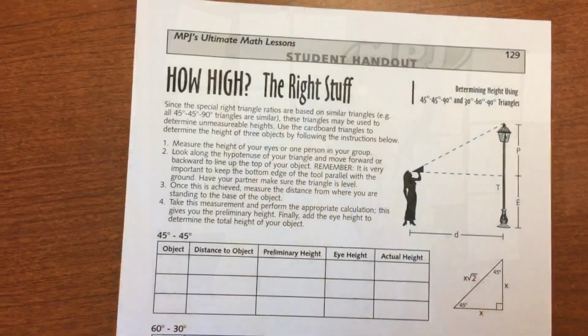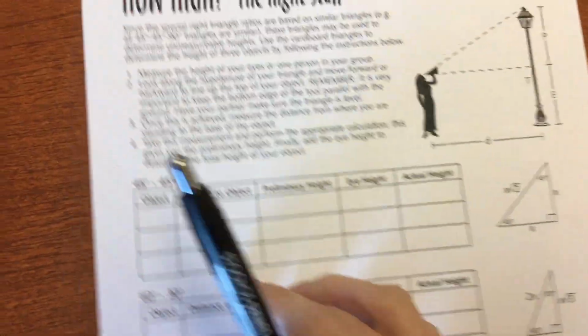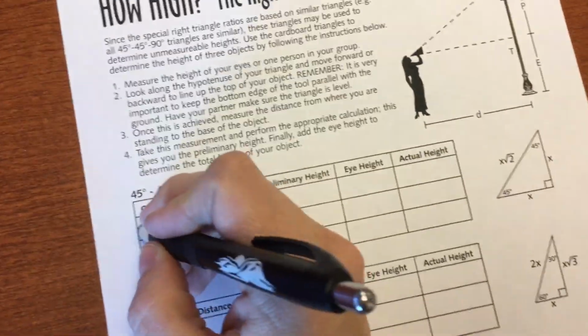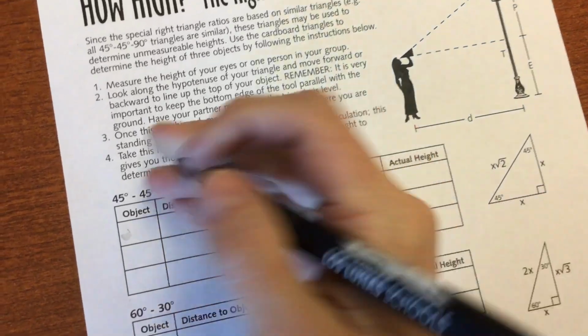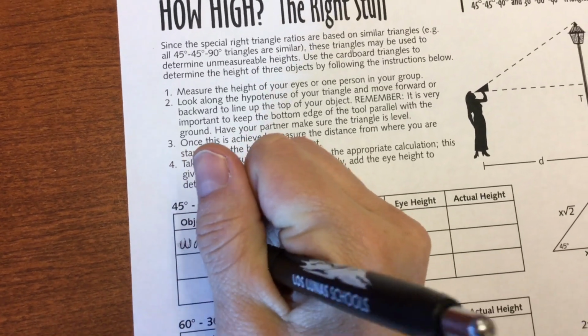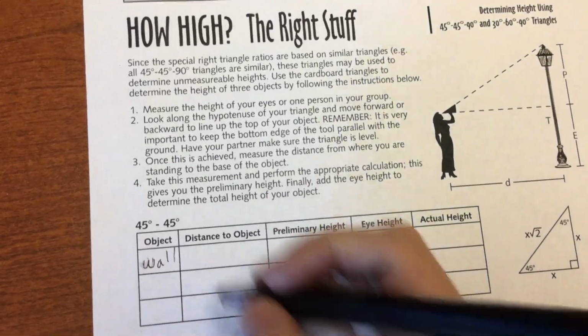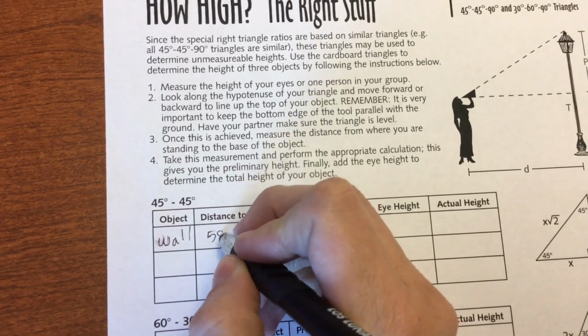61.5. Okay, so on my handout, I'm going to write the object would be the wall, the height of the wall. And the distance to the object, I believe it was 58 inches.